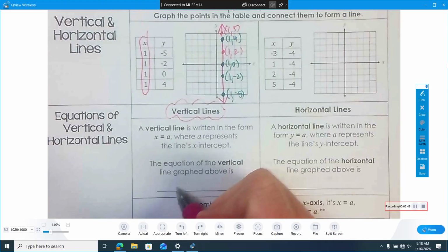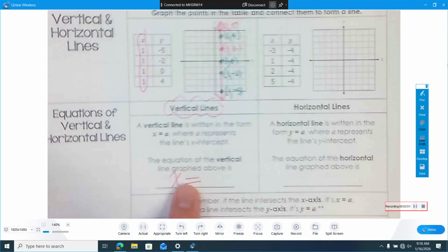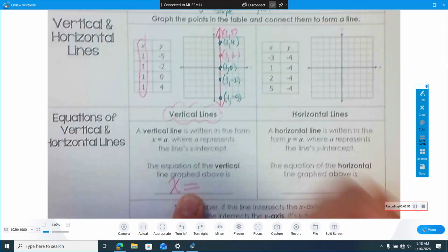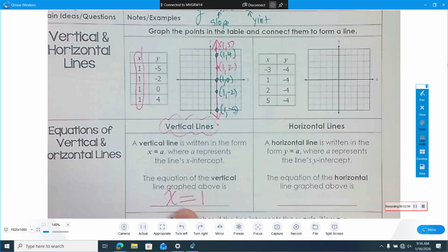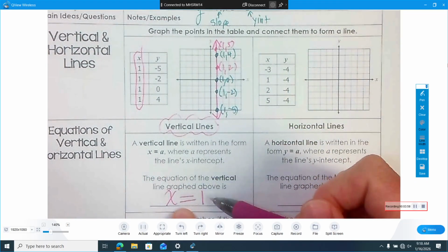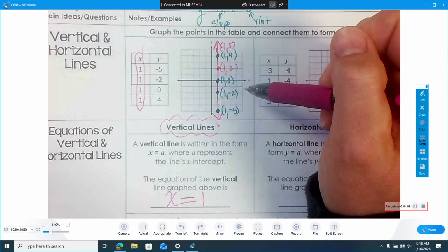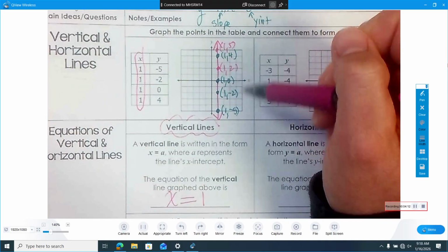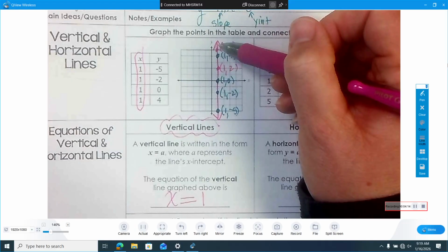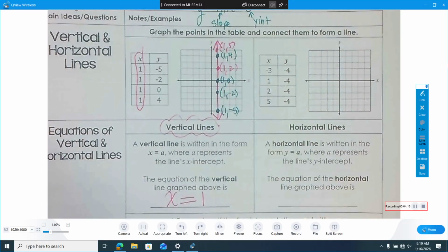Ladies and gentlemen, if the x is always 1, do you think that's a really good description? An equation that would give you the line where the x-coordinate is always 1? It's really specific, actually. The x has to be 1. And in fact, everywhere, forever up, the x is going to be 1. And this is the only place that occurs.